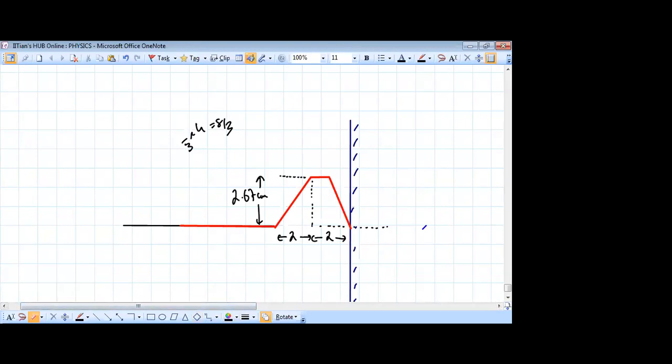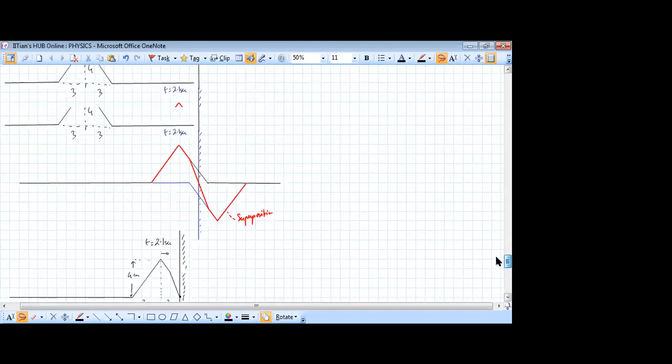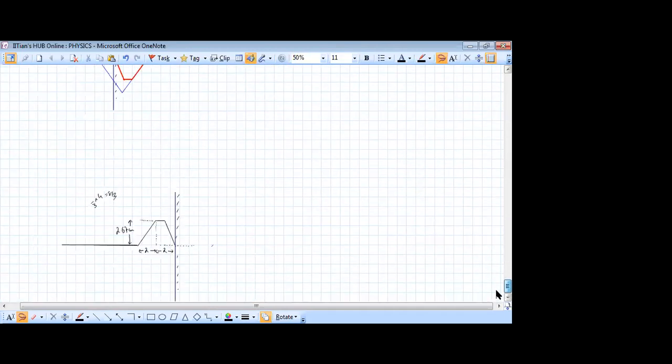So this is what actually the medium will look like. This is going to be the shape of the pulse. And if you compare it with the earlier diagram, you'll understand how the progression is happening. So the shape is changing from this to this to this.